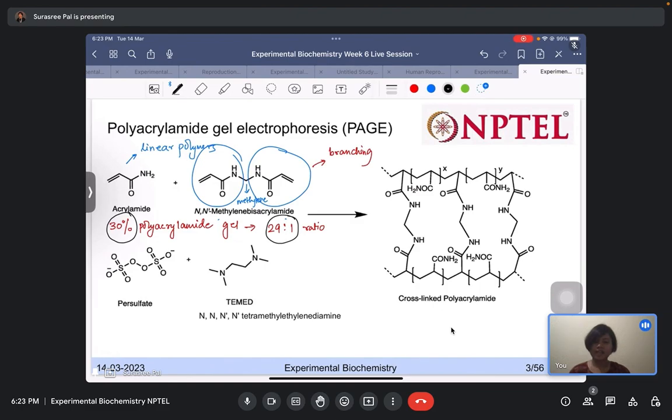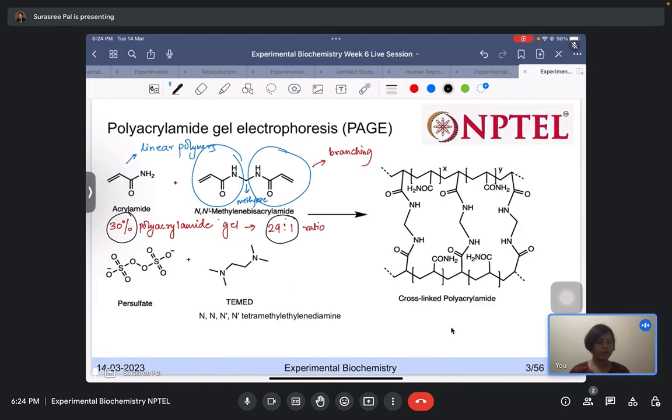By varying these two factors, we can actually increase or decrease the pore size of this polyacrylamide polymer. So how does that happen? If we increase the percentage of gel, then the pore size decreases.